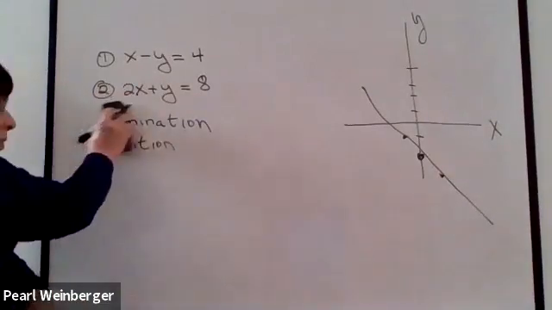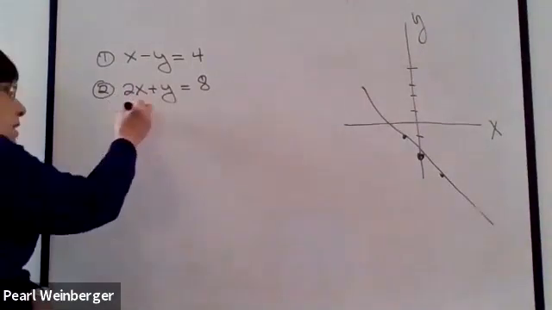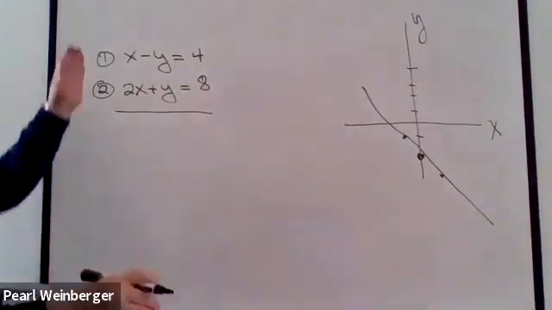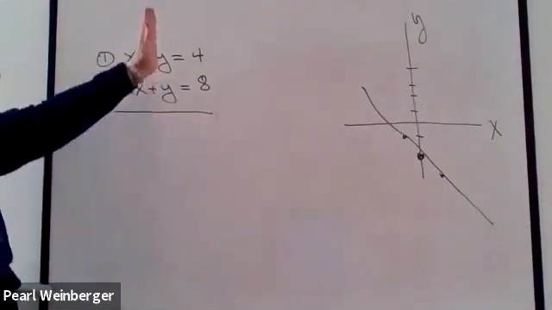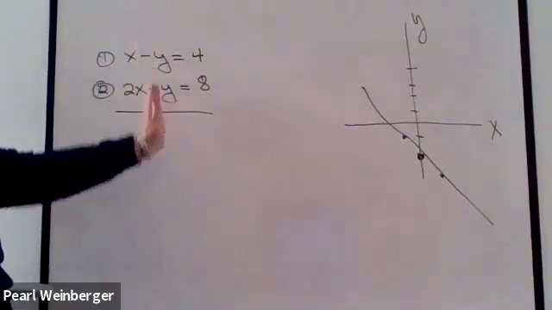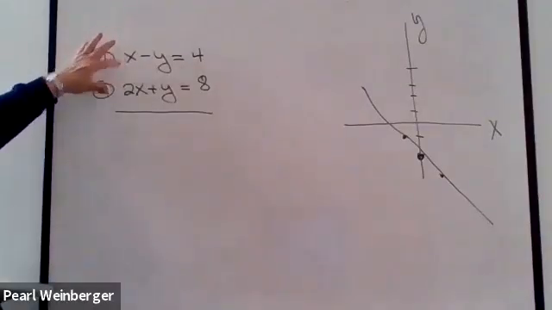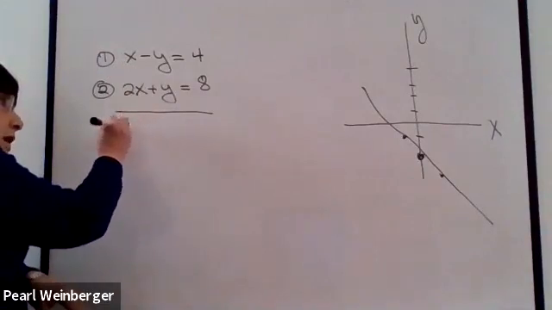Okay, I'm going to erase these words because then I can work on it. Now let's see what happens when I add these two equations. I can do this because they're all arranged in order: first the x's, then the y's, then the equal signs, then the numbers. So when I add the x and the 2x, x plus 2x is 3x.